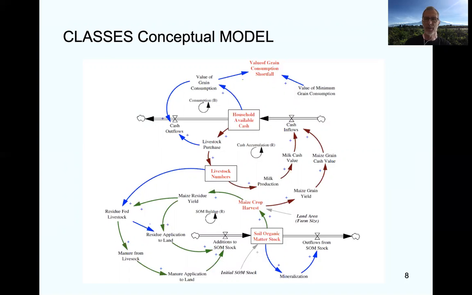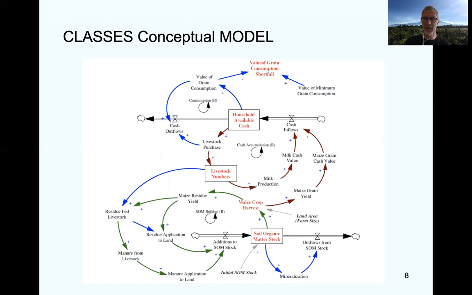And so this model tries to capture the interactions between crop production, soil nutrient dynamics, livestock production, and cash. And in previous work, we had talked about how this links to a shortfall in the available cash to support consumption of grain, which was one way to think about food security.